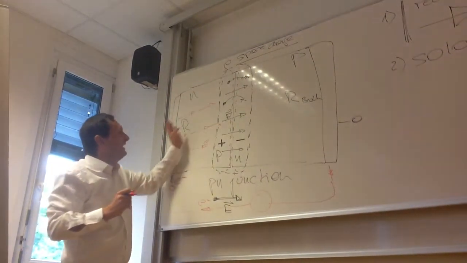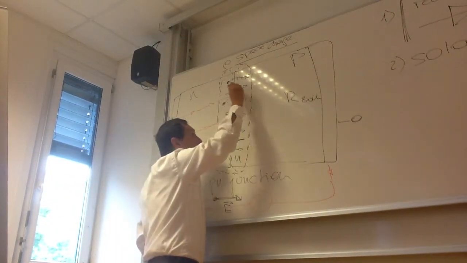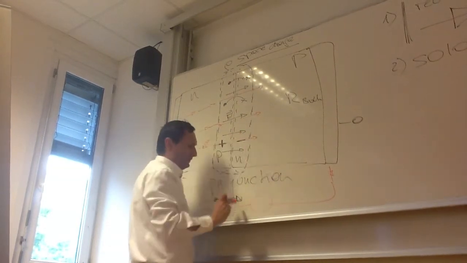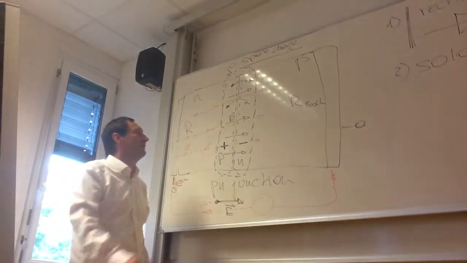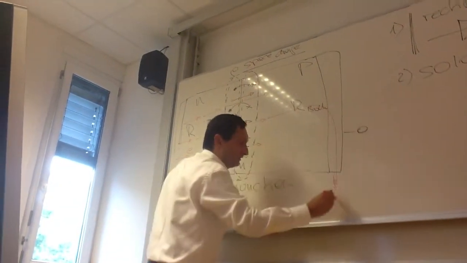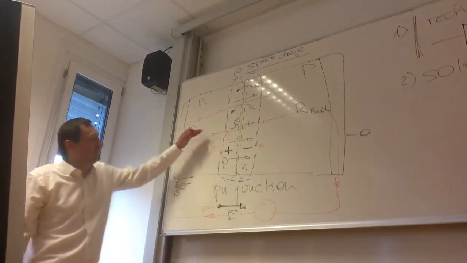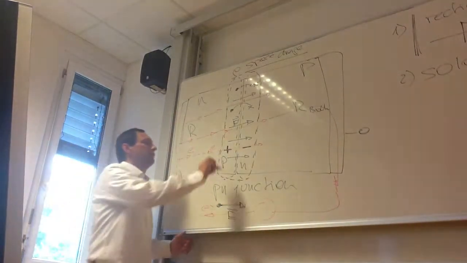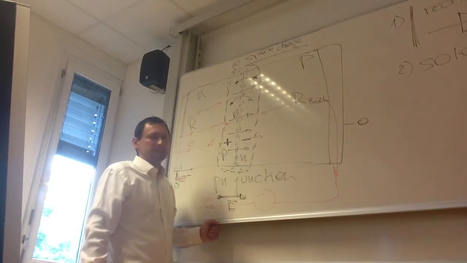And if there are enough electrons from this side, then the electrons can move across the space charge area and get into the p material, and so the circuit is closed. That means that the electron can move through this circuit, through our PN junction.